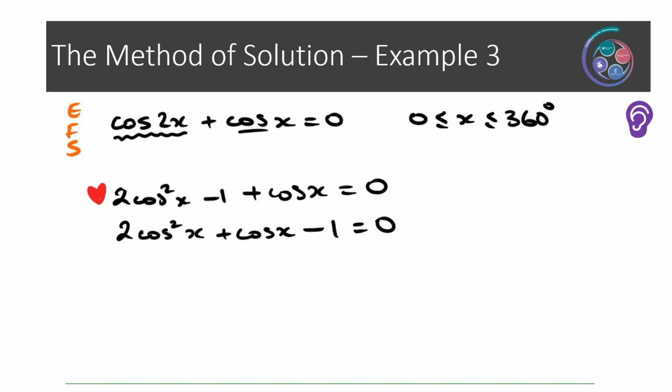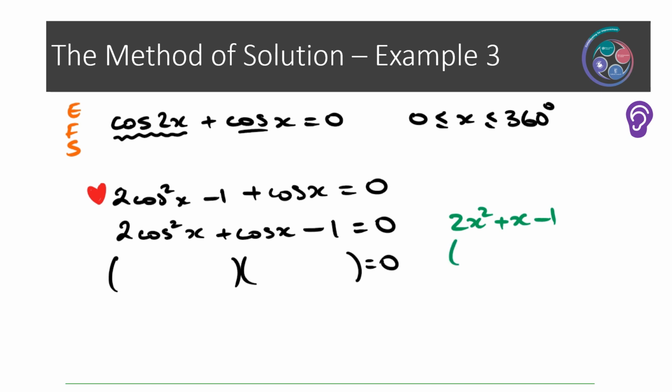Now we need to factorise this, and we're factorising it into a pair of brackets, equals 0. Now some of you might be a wee bit scared when you look at that and think, how on earth am I going to factorise that? Okay, well if I tell you factorising that is just the same as factorising 2x squared plus x minus 1.